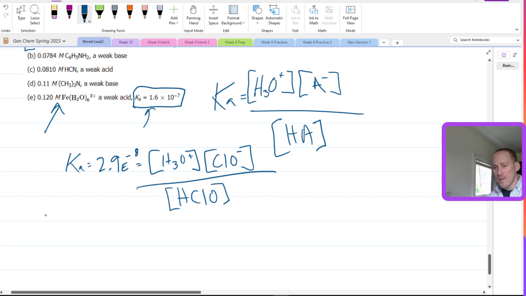And for our RICE table, it's probably an x is small scenario. Definitely is. So however much this loses is going to basically be nothing compared to how much isn't lost.